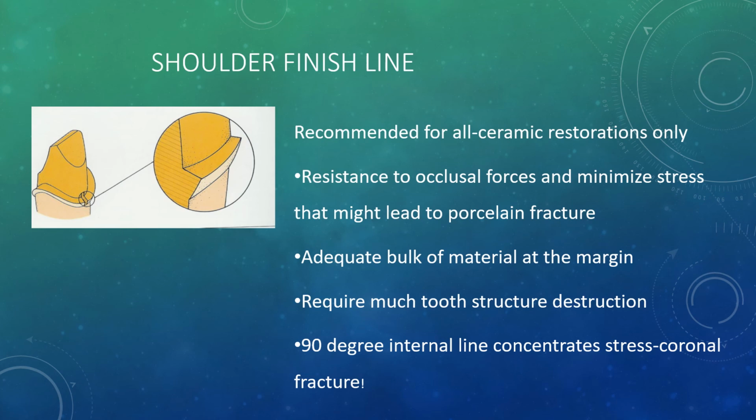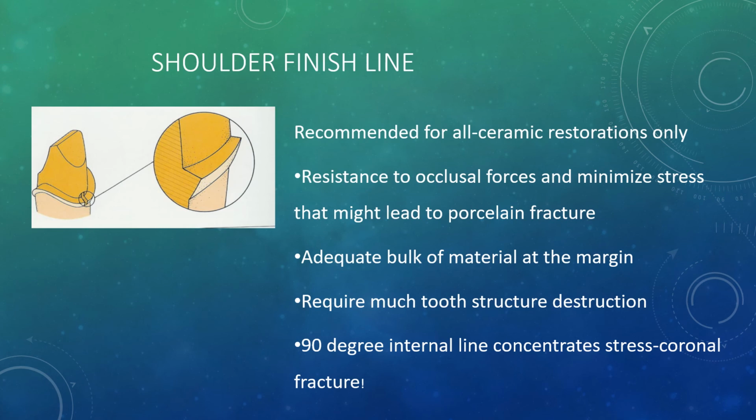But because of the angulation at the tooth, at the axial wall and finish line interface, as you see in the picture, there is a straight line angle. So in that area there is an increase in the stress concentration.